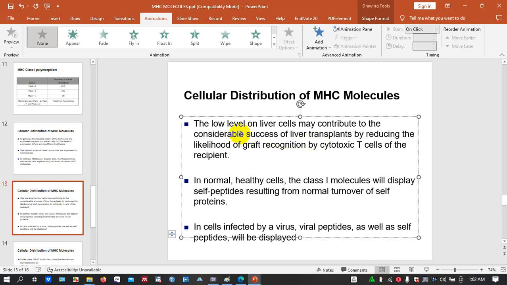But it is an established fact that the MHC molecules on liver cells are very few and scanty.